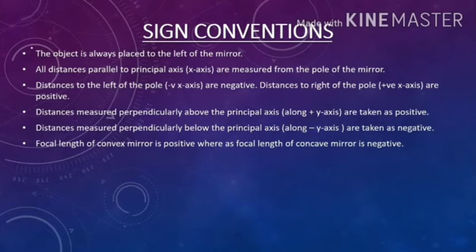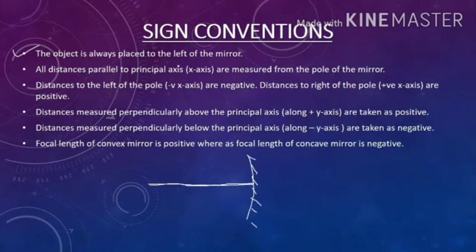The first one is: the object is always placed at the left of the mirror. If we draw a mirror, this is the mirror, and this is the principal axis.